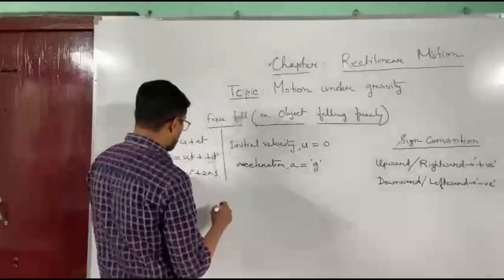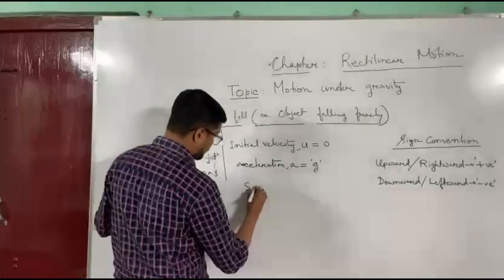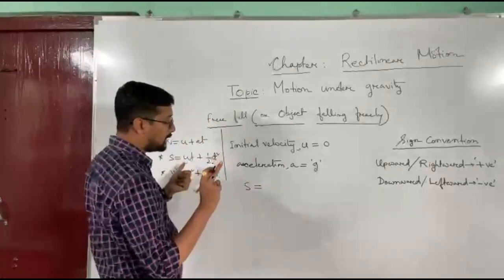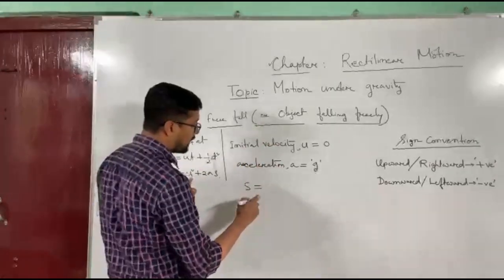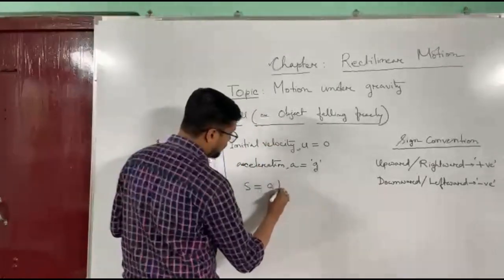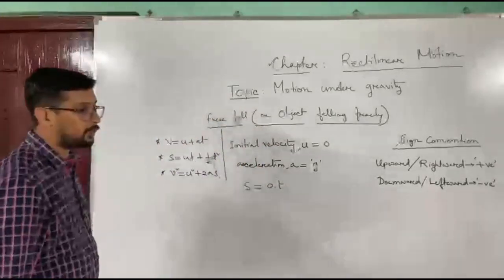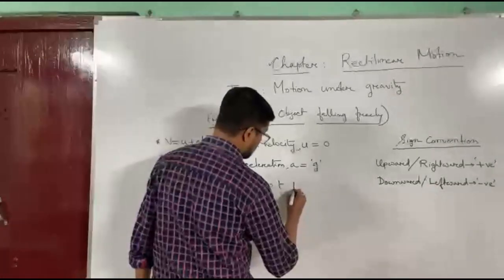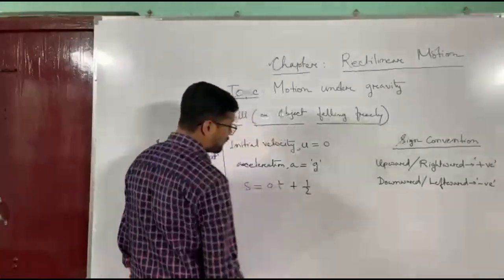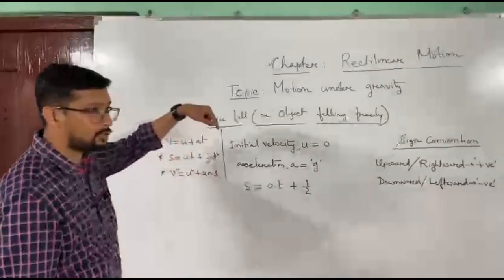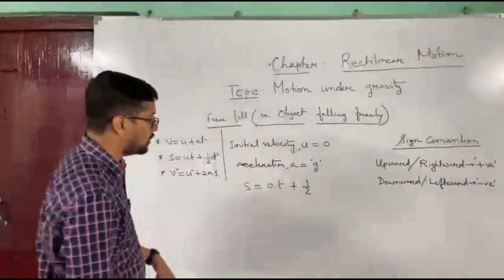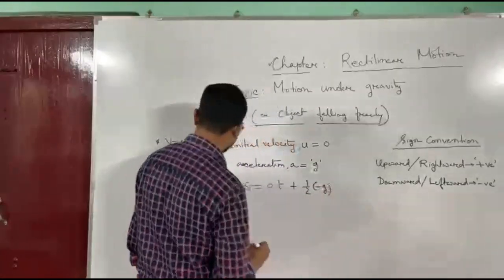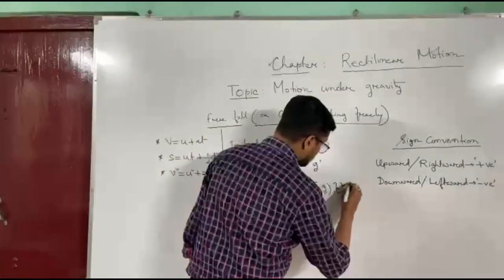Let us write down like this: S, which is the displacement, equals U, initial velocity, which is 0 because the object is falling freely, so it is 0 into T, plus half. Again acceleration is towards the center of the earth, which is downward, so it will be minus g into T square.